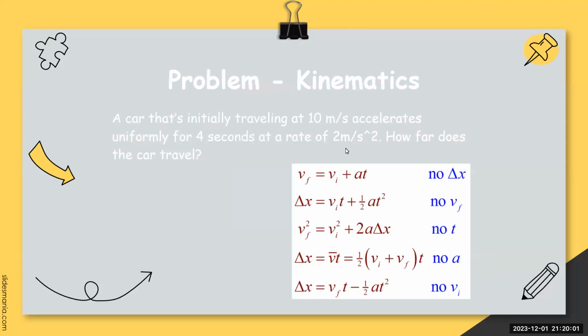So here's just a problem. It's pretty easy. A car that's initially traveling at 10 meters per second accelerates uniformly for 4 seconds at a rate of 2 meters per second squared. How far does the car travel? I'll give you guys some time to do this problem, but basically you want to look at these equations and pick out one of them to use to solve this problem.